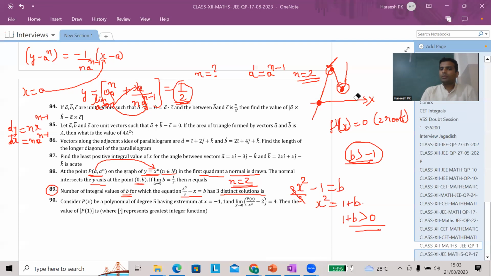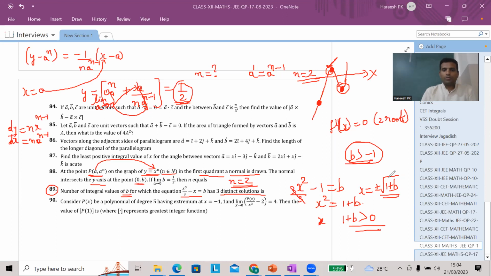The second point should be below the x-axis. So it should look something like this. X-axis should be here. If one gives positive, the other gives negative. So where is f dash becoming 0? F dash is becoming 0 at two values. X is equal to plus or minus root of 1 plus b.